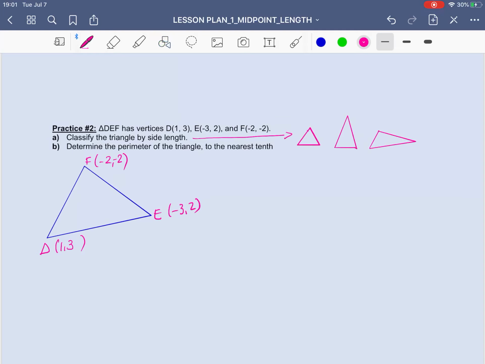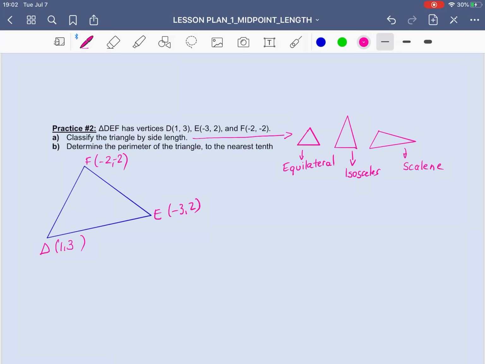Now, when all 3 sides are equal, remember that this is called an equilateral. Equal sides, right? Lateral means sides. Isosceles, very fancy term. I've never learned how and why we call it isosceles, what the roots or the meaning of it is, and scalene.